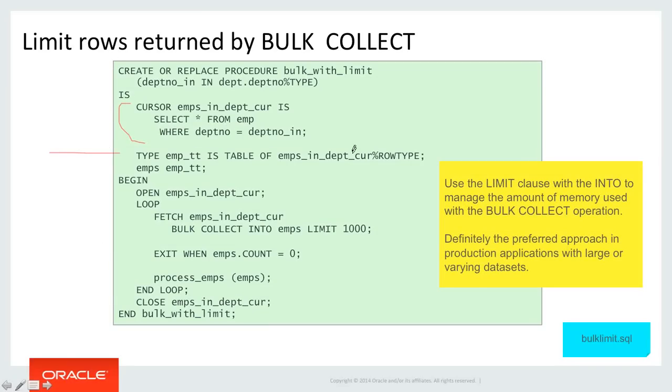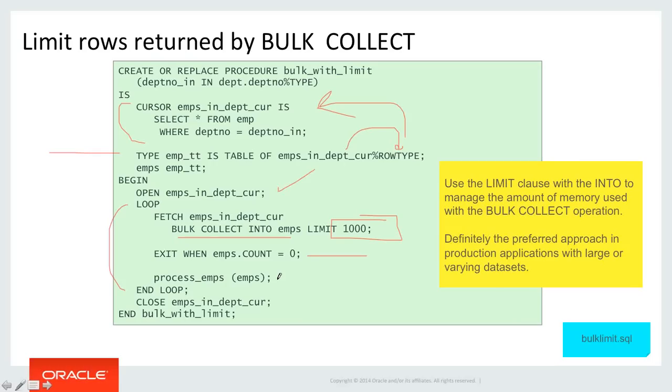I declare a collection based on that cursor percent row type to keep them tightly in sync. I open my cursor, and then inside my loop, I fetch bulk collect into, and I say, I only want to get up to 1,000 at a time. So let's say I've got 100,000 rows. I would do 100 fetches, 1,000 each time. When my collection is empty, I will stop.